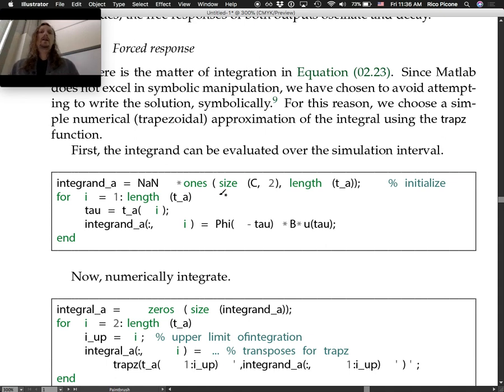So for tau, I evaluate phi of minus tau times b times u of tau, which gives me the integrand, 2 values, and I can put it in my array. Then the next time step, I get 2 more values, and keep computing the integrand at each time step. Then I can numerically integrate.